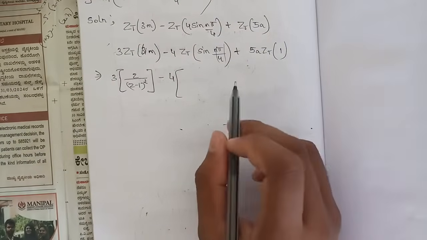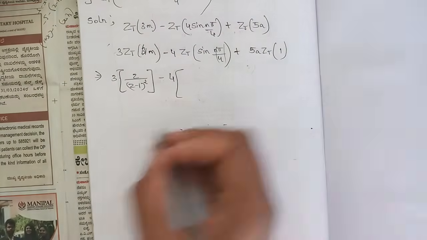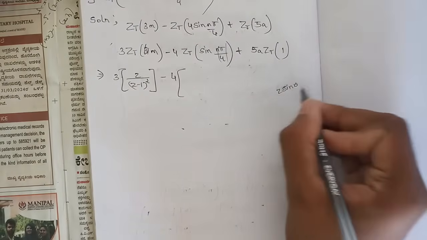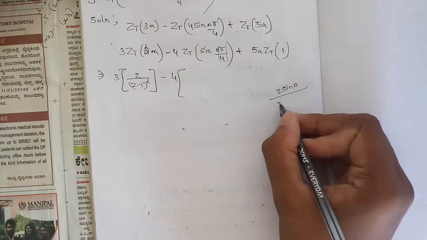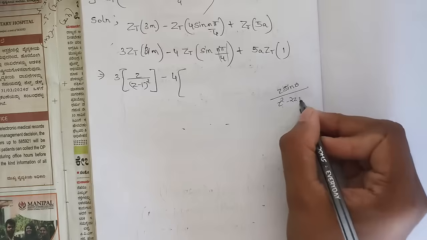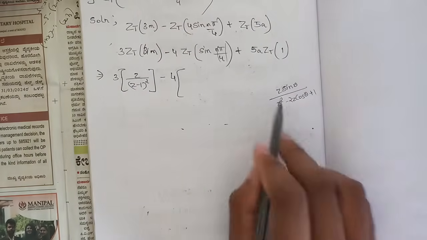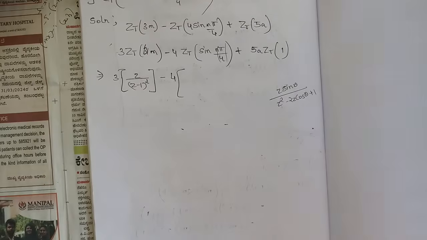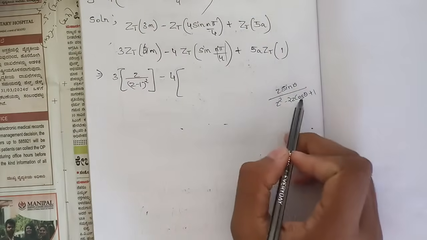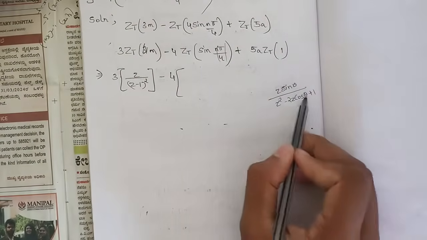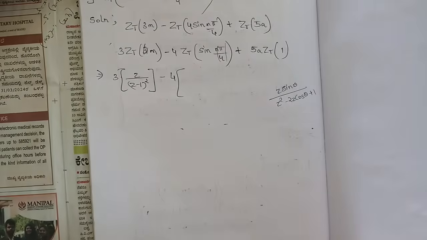Z transform of sine n theta is given by z sine theta divided by z square minus 2z cos theta plus 1. This is given. So this is not a hyperbolic function, so there is no h term, that's it. So in place of theta, we need to replace it by pi by 4, that's it.